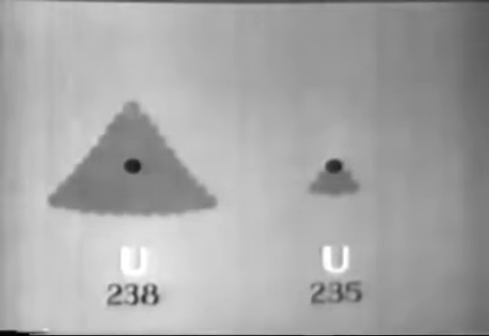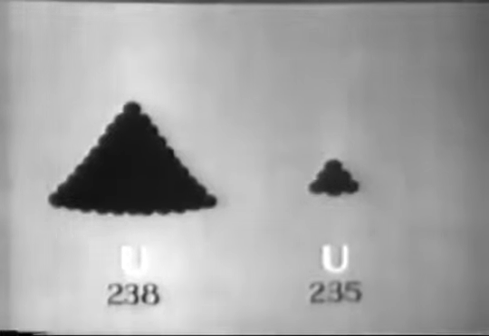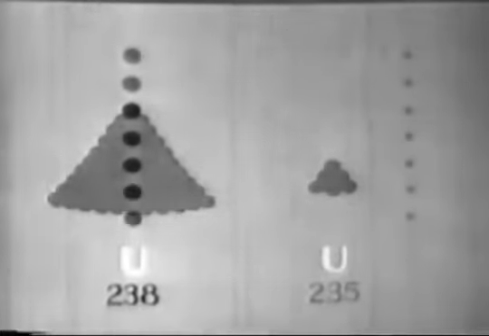There are two isotopes which make up the bulk of natural uranium. The atomic weight of one is 238, of the other 235. Over 99% of natural uranium is U-238. U-238 undergoes fission only with very fast neutrons. Many neutrons are scattered by uranium atoms and lose the speed necessary to cause fission.